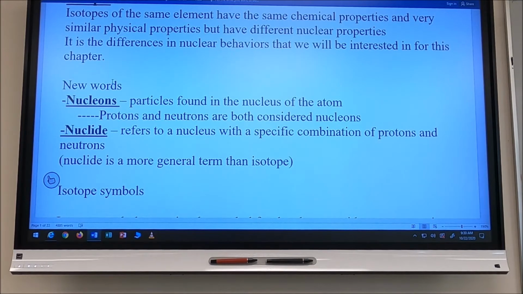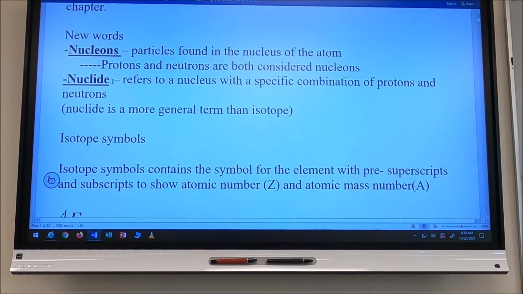It's kind of a more generic term than isotope. Okay? So an isotope refers to atoms of the same element that have differing numbers of neutrons, but a nuclide is more generic.